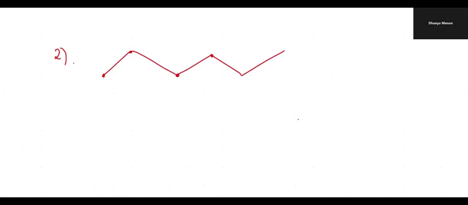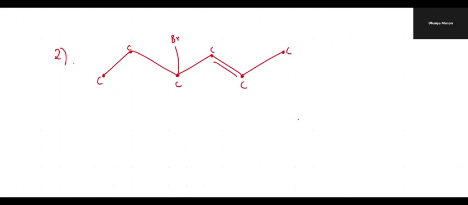Each of these crests and these troughs, right? So this is one carbon, another carbon, carbon, carbon, carbon, and carbon. Okay. And here, suppose there is bromine. Okay. And here there is a double bond.